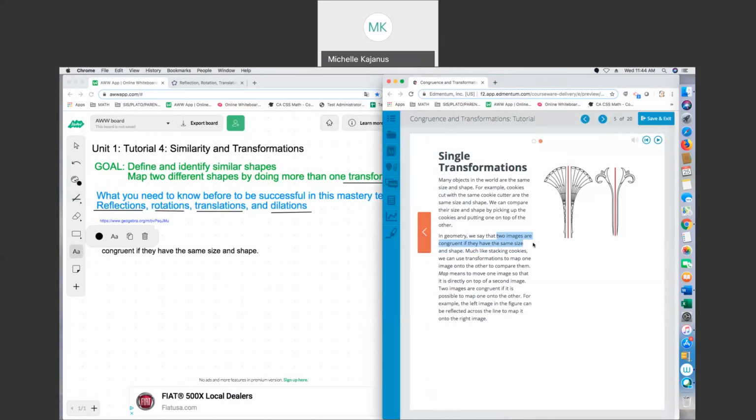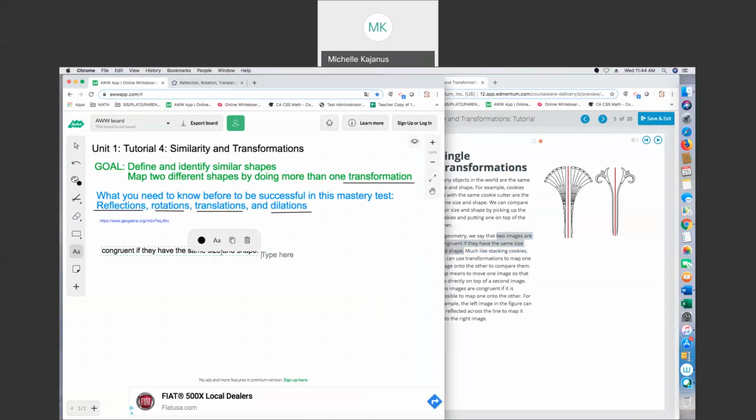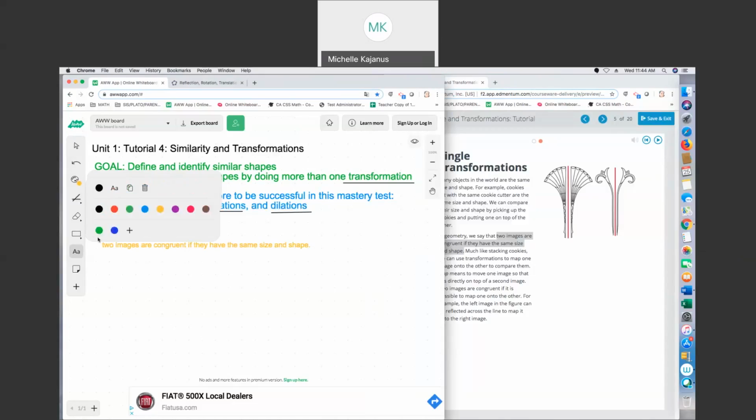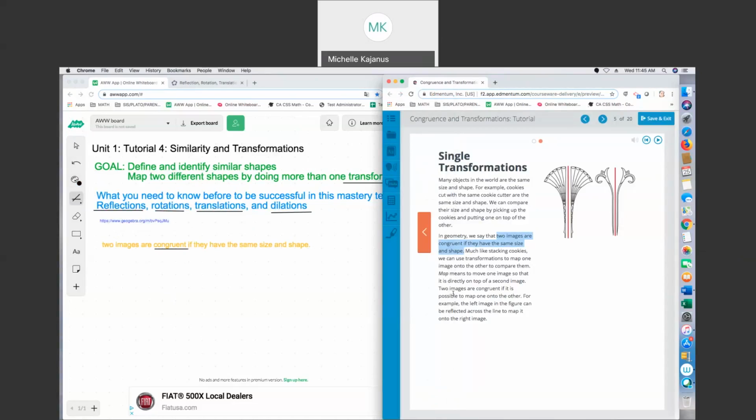Two images are congruent if they have the same size and shape. And underline the word congruent. This is just for you to get familiar with the vocabulary. Okay, so that's enough of that.